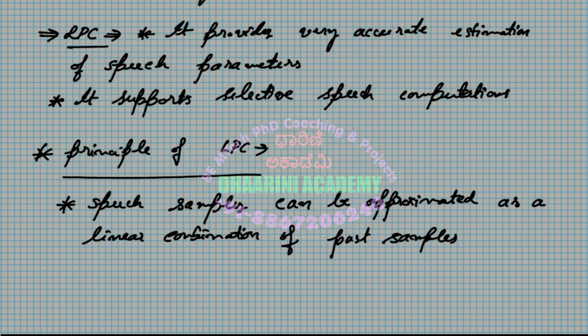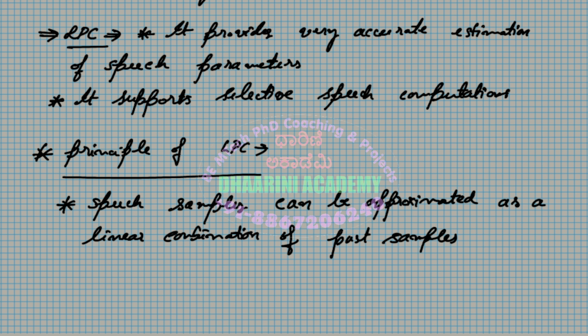Using those values, if you try to predict the current value, the predicted value subtracted from the exact value which is coming right now, that difference is called the error. When the error is minimum, we can say that the prediction is good.